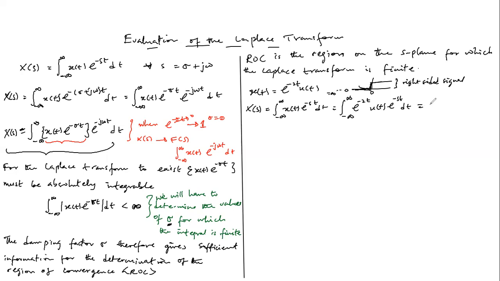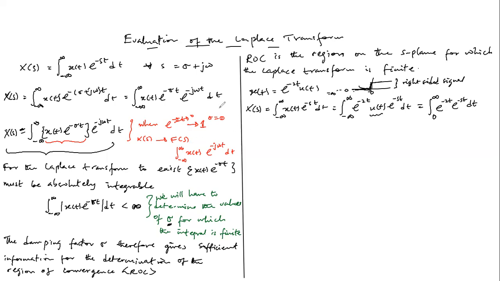So we can now rewrite that this is now from 0 to infinity, because all values from negative infinity to 0 are now 0, then e to the minus 2t e to the minus st dt. Now the u of t has performed that operation by changing the limits of integration, so it doesn't have to appear again. So we now have this. Good.